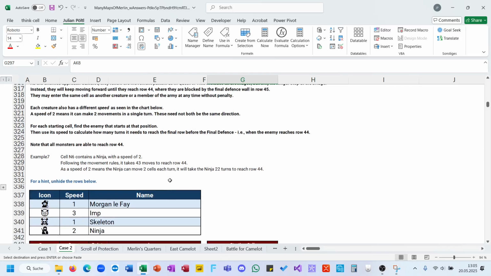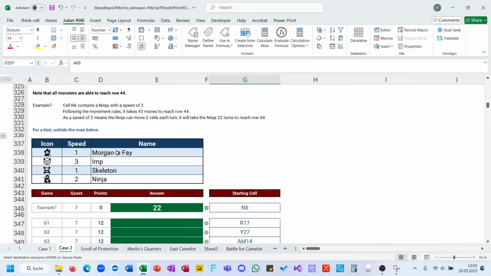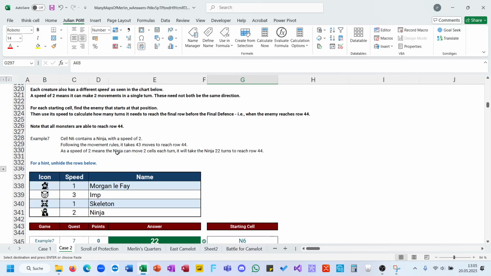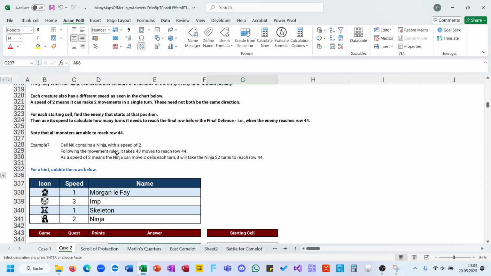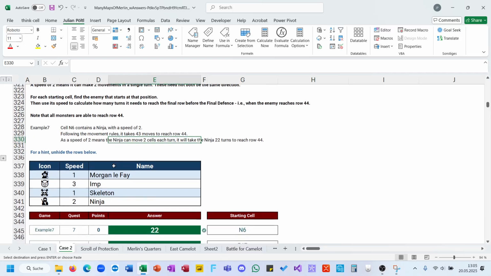Okay, so the speed isn't important first. It is also important to say, okay, how many moves are there at the end? So here 43 moves divided by 2 rounded up is 22.